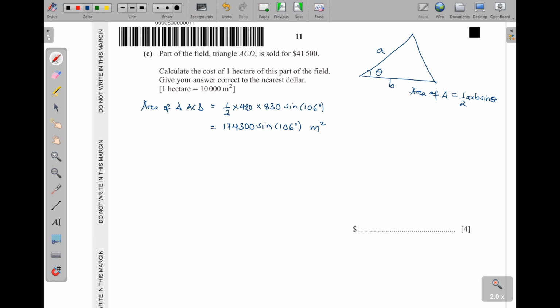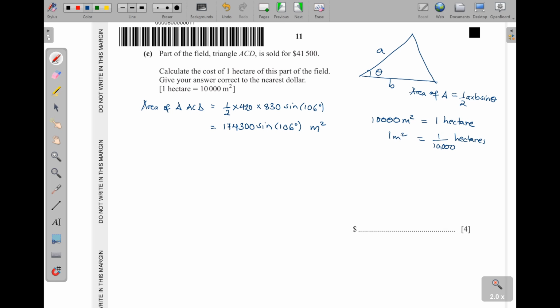Okay, now if 1 hectare is equivalent to 10,000 meters squared, or you can say 10,000 meters squared shall be equivalent to 1 hectare. So how about maybe 1 meter squared? 1 meter squared will be equivalent to 1 over 10,000 hectares.